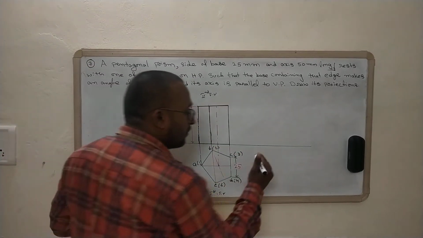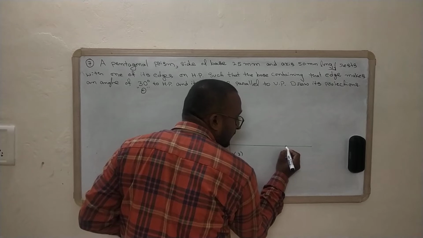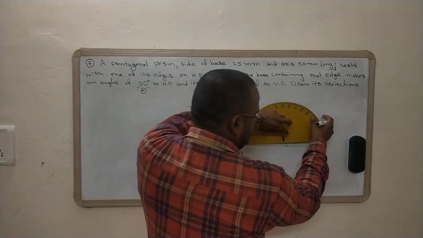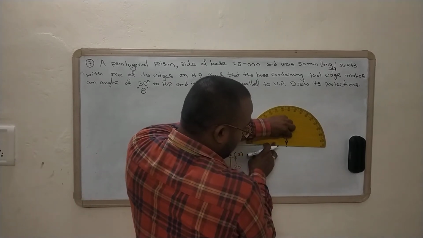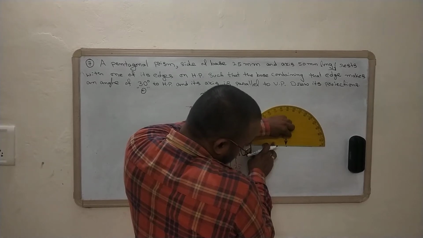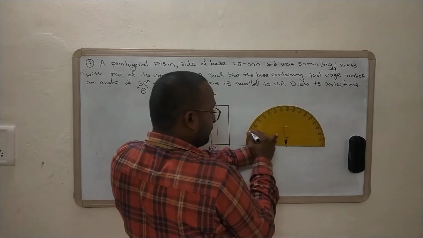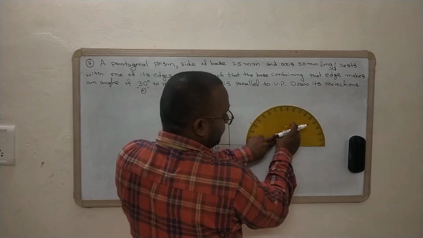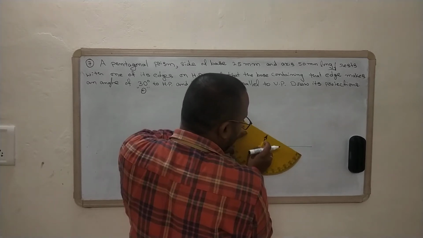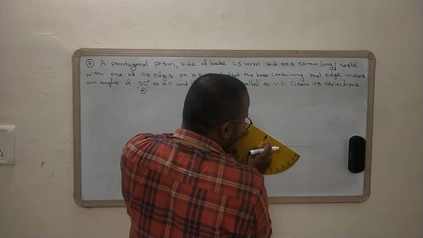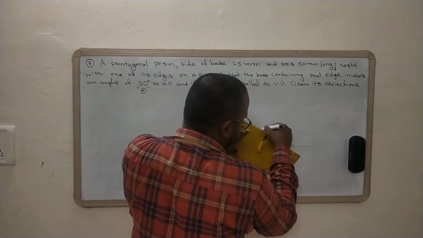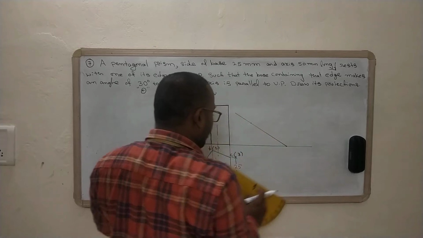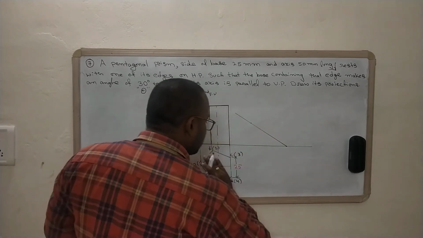So we have to mark any one point on the line, place the protractor and mark the 30 degrees angle inclination. Then we need to join both of them, right? We are going to rotate like this.